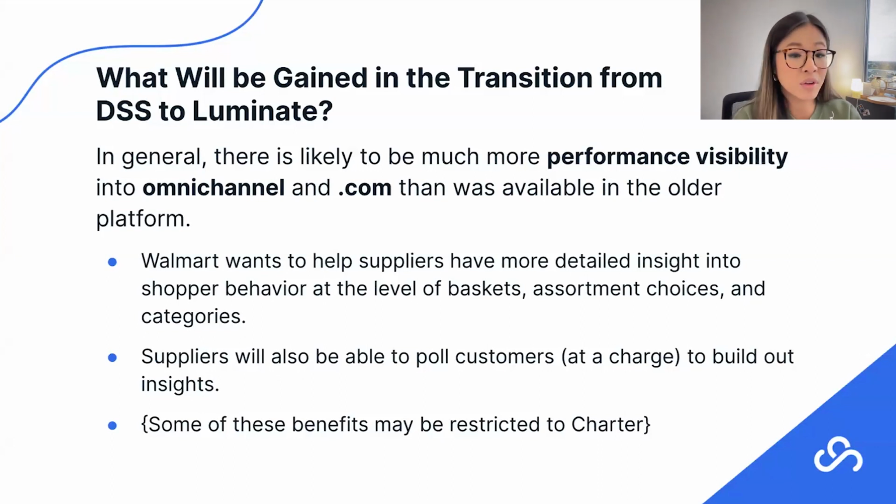And suppliers will be able to pull customers, with a charge of course, and ask them, hey, would you buy this, and what price point and what color resonates with you more? So you can have more direct market feedback as you are figuring out how to build out your omni-channel and brick and mortar strategy.